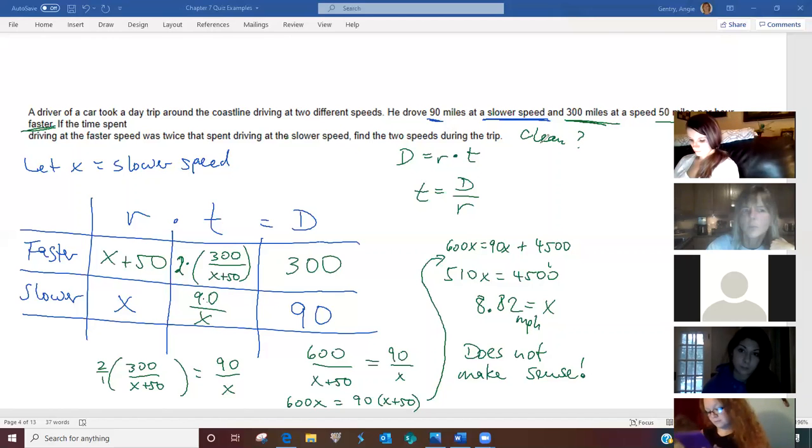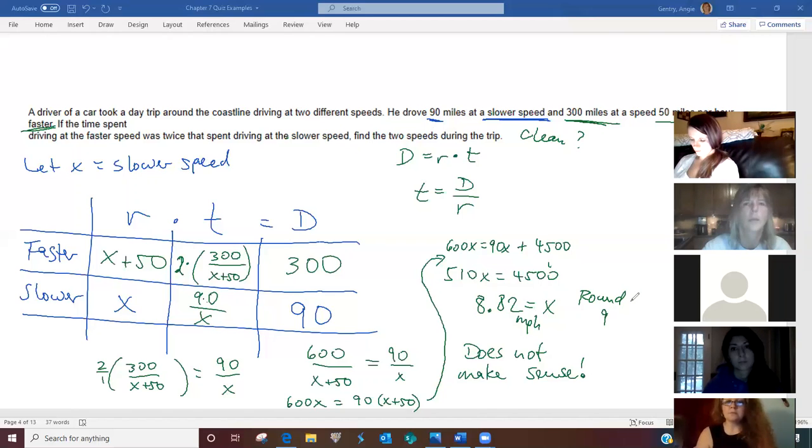Usually you'll see this in my math lab, it'll say round to the nearest mile. You know what I'm saying? So now this is the slower one. What if we rounded this to a 9? Let's just see if this will check in the end, if it'll make sense.